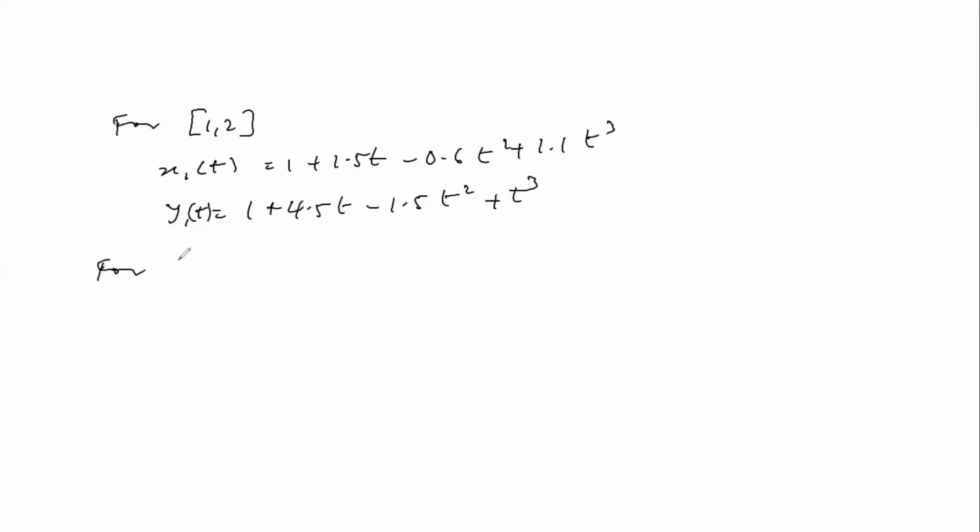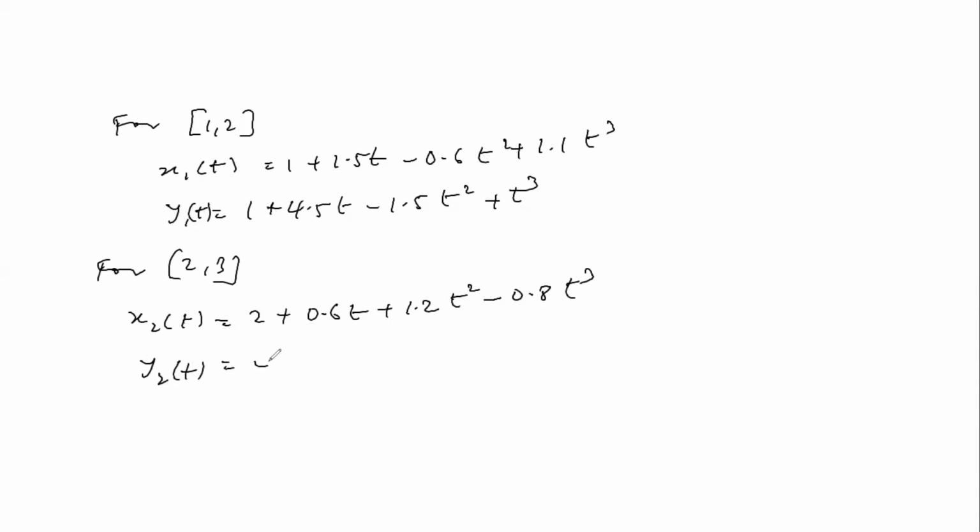And then for the point 2, 3, we now have X2 of t to be the same as 2 plus 0.6t plus 1.2t squared minus 0.8t cubed. And then y2 of t will be the same as 4 plus 4.5t plus 1.5t squared minus t cubed. Now, how do we resolve P of 2.5?